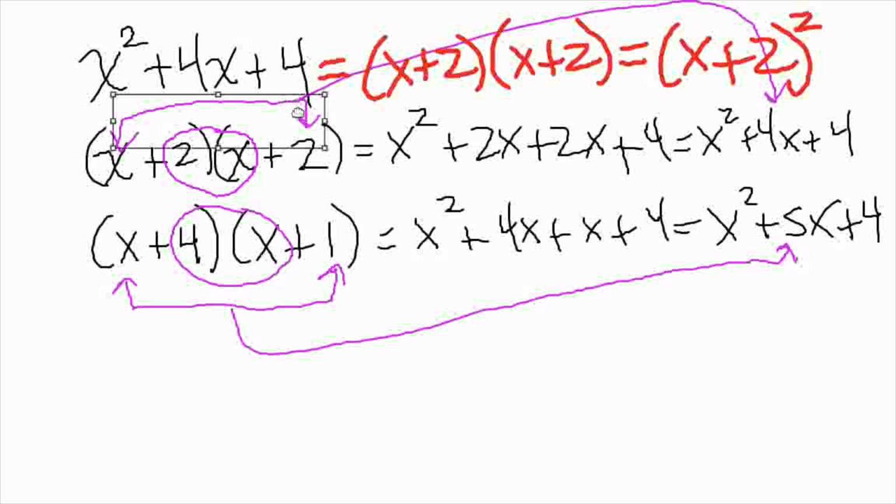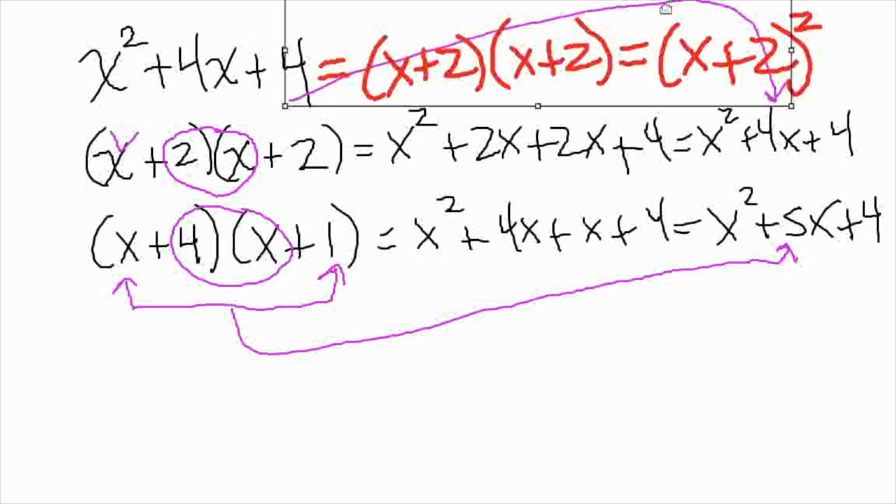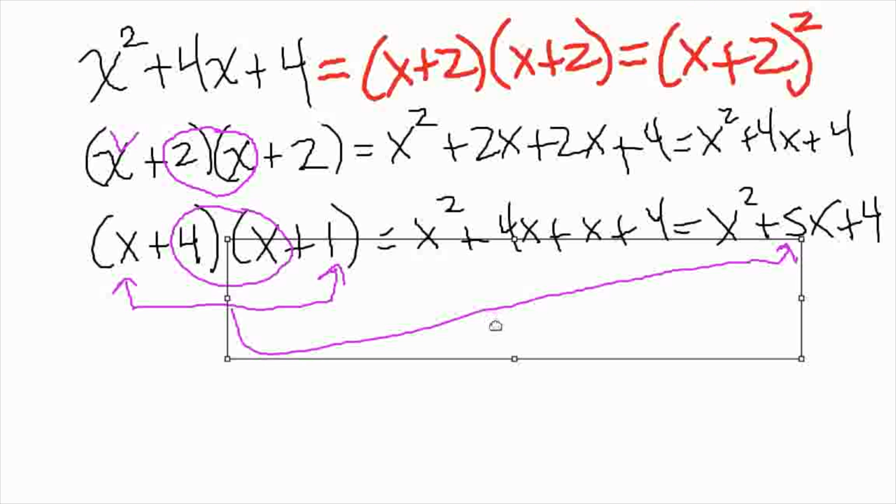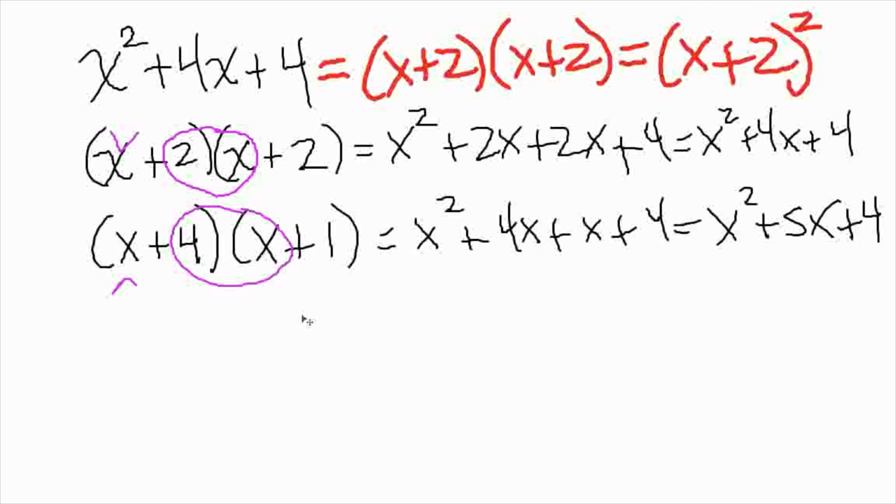All right, just like 4, 9, 16, 25 are perfect squares because they have nice simple square roots. It's a similar idea. These are also perfect squares in the sense that they have nice factorizations. They're just the same binomial squared.